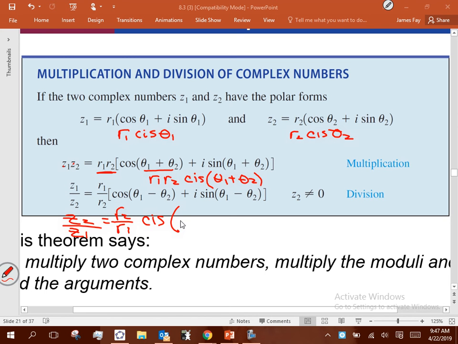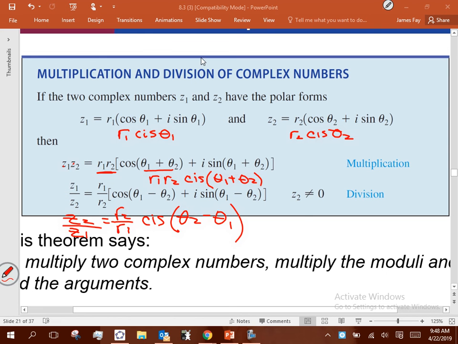Now, is subtraction commutative? No. So because I went r2 divided by r1, this needs to be theta 2 minus theta 1. Does that make sense? So when you're going to divide, pay attention to what your numerator is and what your denominator is. When I look at my argument, it's always the numerator minus the denominator. Okay, so that's something to pay attention to.